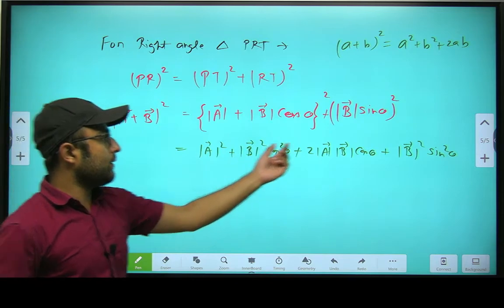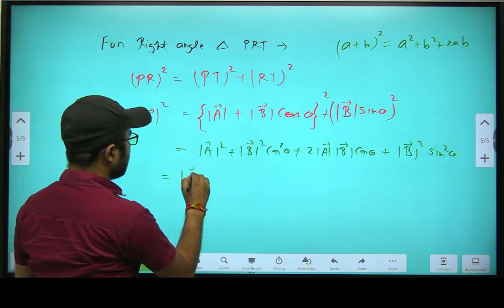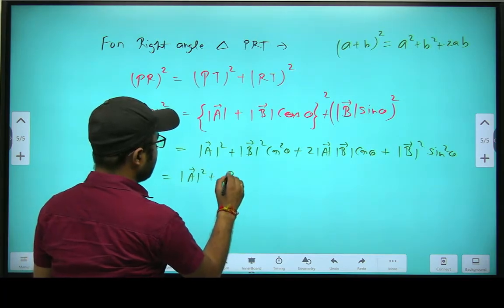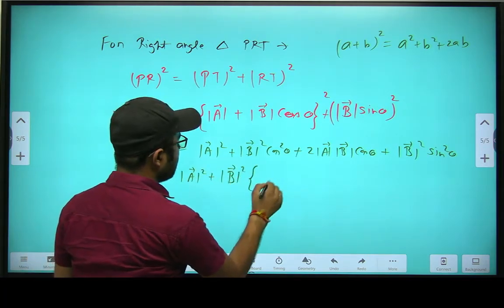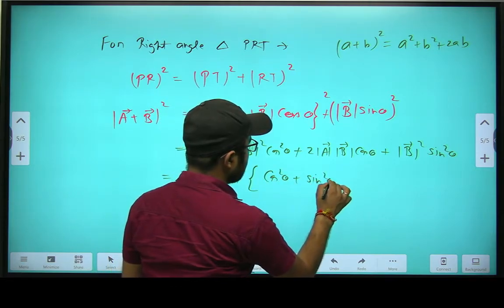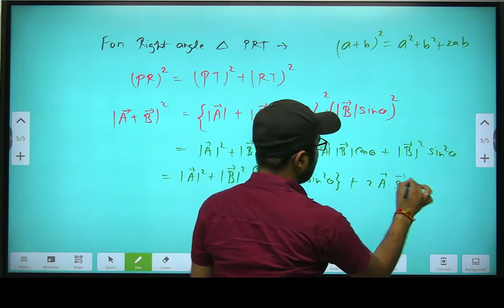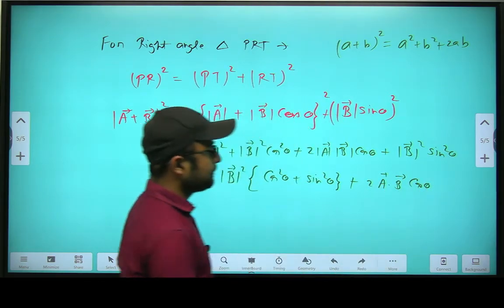Now mod B square is common, so mod A square plus mod B square is taken as common. This is written as cos square theta plus sin square theta plus 2 mod A into mod B cos theta.